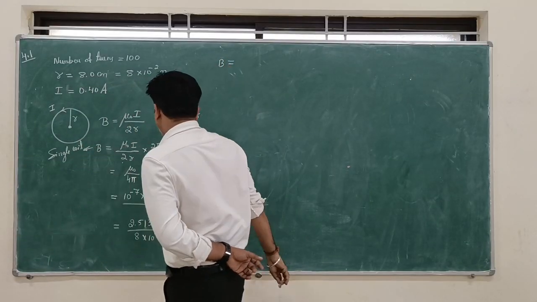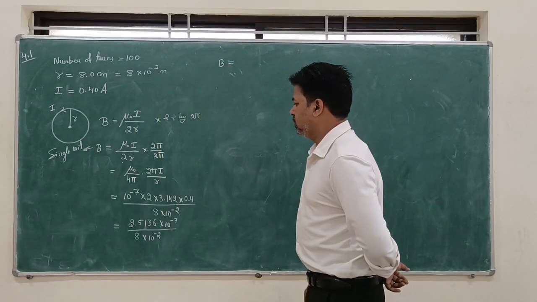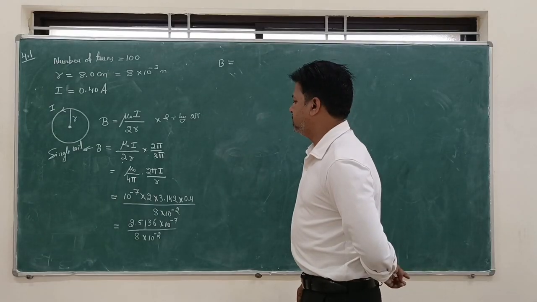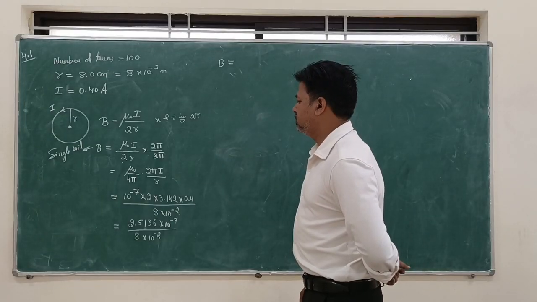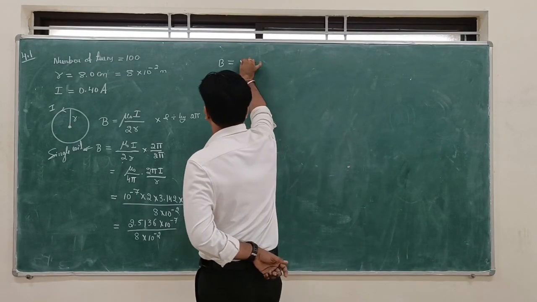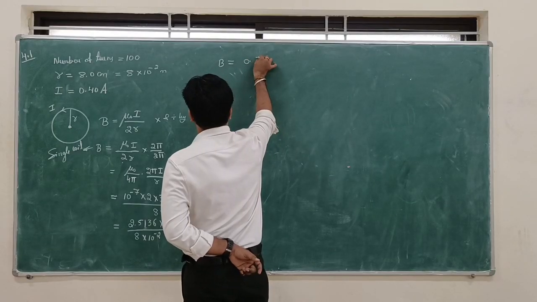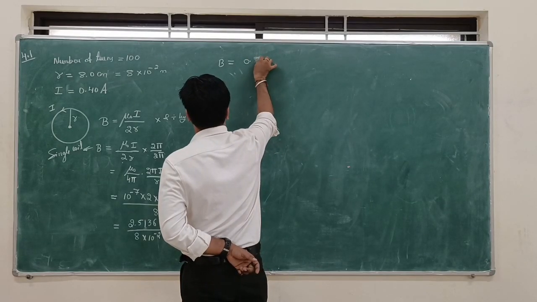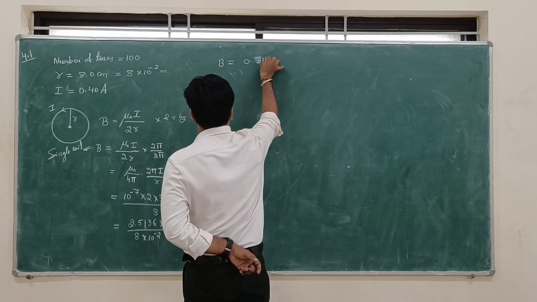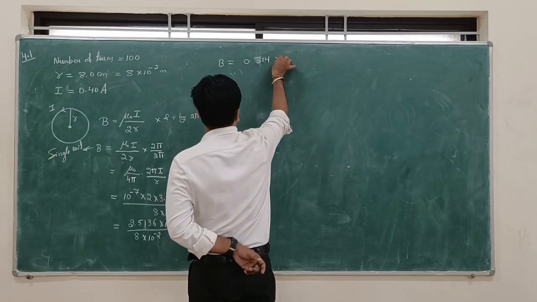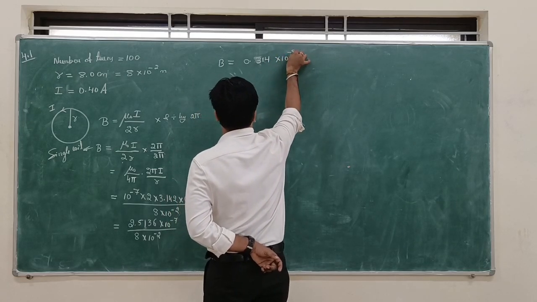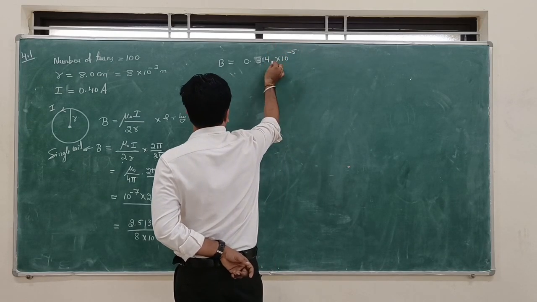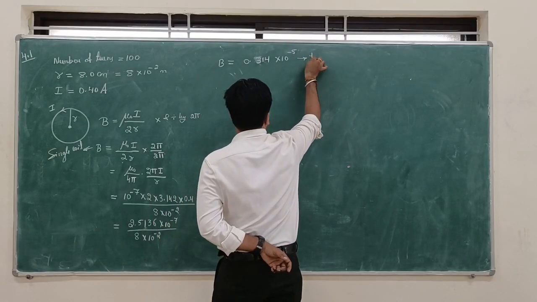B is equal to 2.5136 divided by 8, which is 0.314 into 10 to the power minus 5. This is for a single turn.